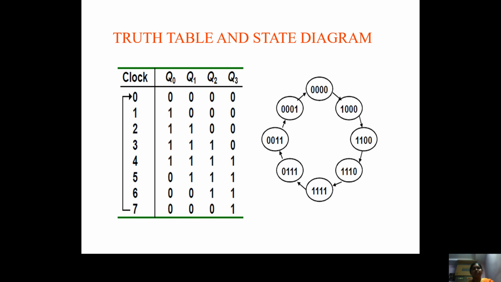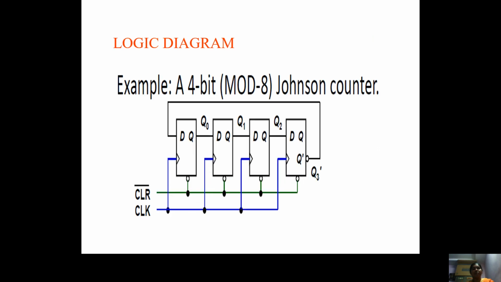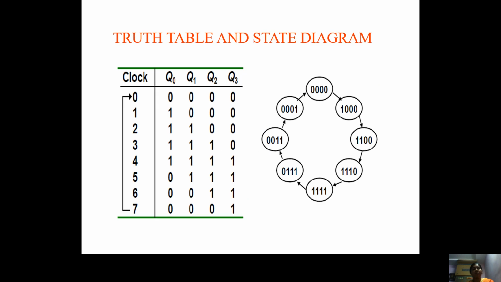So the D value it gets is 0, and Q0 will become 0. But the previous state of Q0 was 1, so the Q1, Q2, Q3 values will not change. The same value 0 is going to be shifted in the next clock pulses respectively, and that is why the counting sequence is like this.